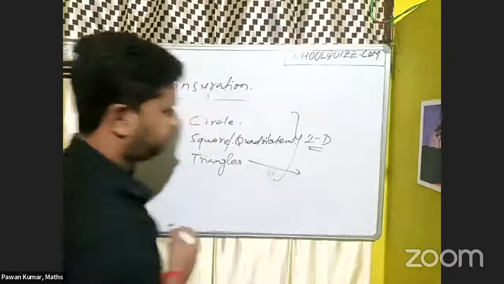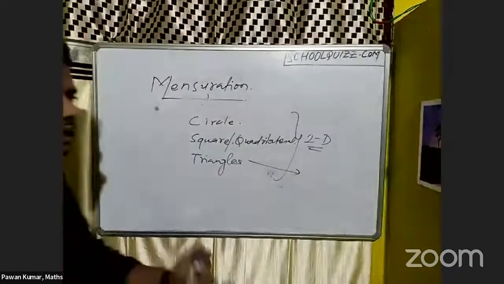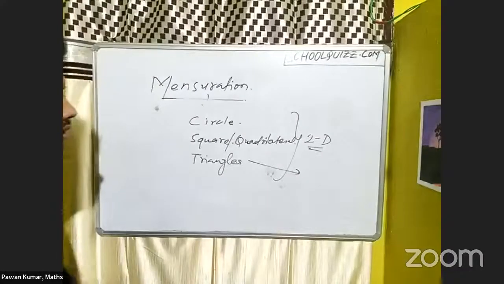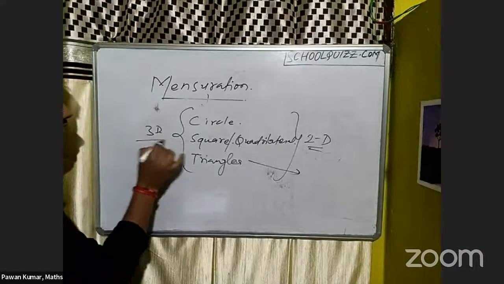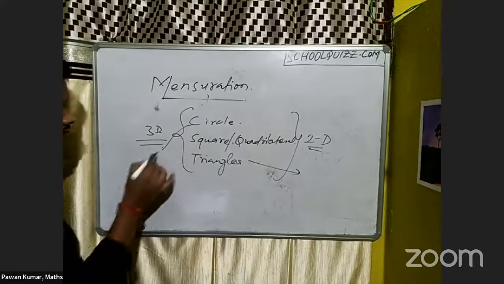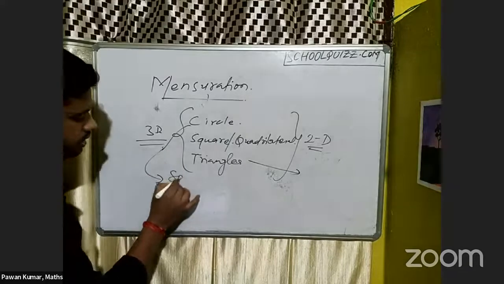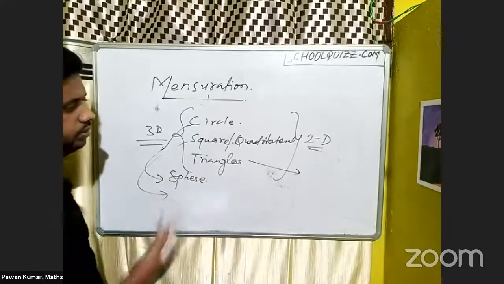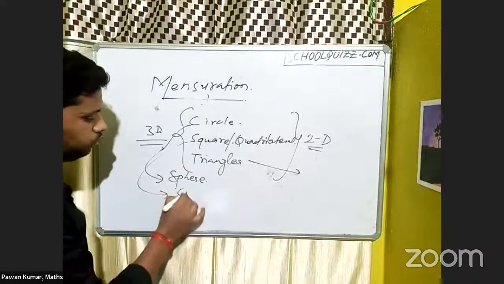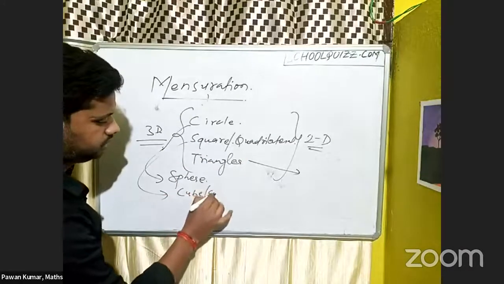The same things, if I observe them in real life, will be 3D. The same things can be converted: a circle will be converted to a sphere, a square and rectangle will give a shape like a cube and cuboid, correct?